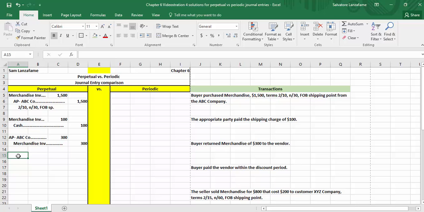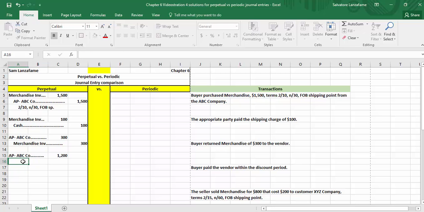I can only take it on what I currently owe them. So again, AP $1,500 credit, and then AP $300 debit, 1,500 minus 300, I currently owe them $1,200. So I'm going to get rid of that AP ABC Company, and we're assuming we're paying in full, and the amount that we currently owe them is $1,200.